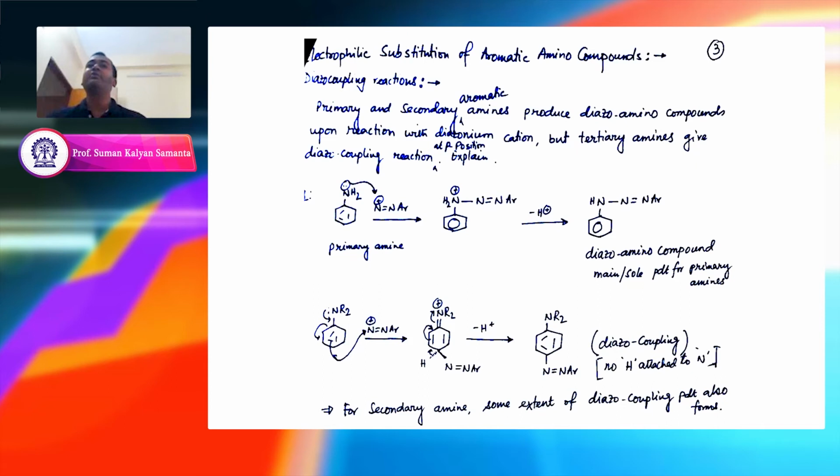Okay. Sir, is there any reason for that? It is basically, I think, case to case variation. In some cases, the attacking tendency of that amine is more, so the first step is maybe the rate determining step followed by the proton elimination.